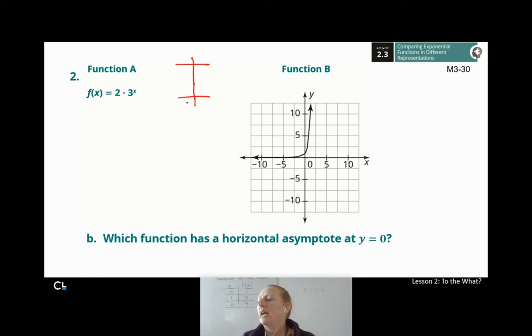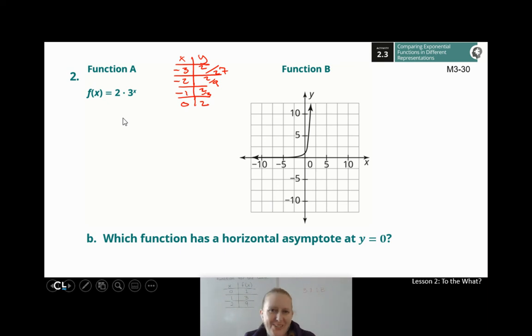So if I have at 0, I have 2. And instead of multiplying by 3, let's divide by 3. So at -1, if I divide by 3, that would be 2/3. Next up, if I divide by 3 again, that would be 2/9. If I divide by 3 again, that puts me at 2/27. Oh my gosh, that's getting really small.